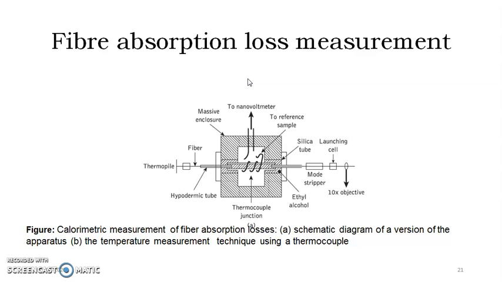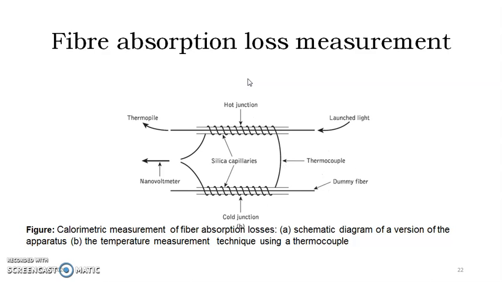Another technique we can use for measuring the fiber is the calorimetric measurement of fiber absorption losses. This is a schematic diagram of a version of the apparatus, and part B is the temperature measurement technique using the thermocouple.